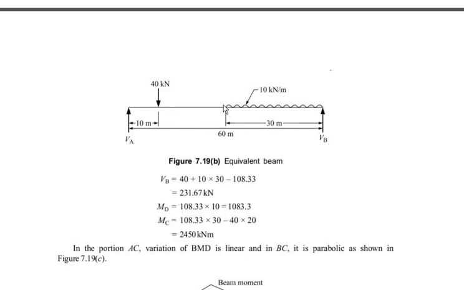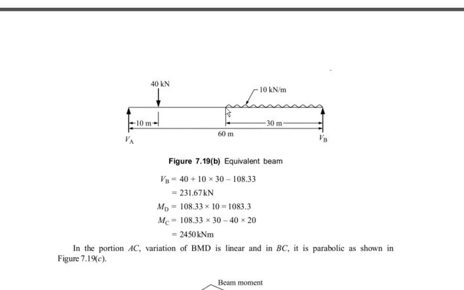So now take the moment about point C in the equivalent beam. We are going to take the moment about point C in the equivalent beam, not in the arch. We know that the moment about point C, about the crown point in the arch, the moment will be 0. But here this is just the equivalent beam.